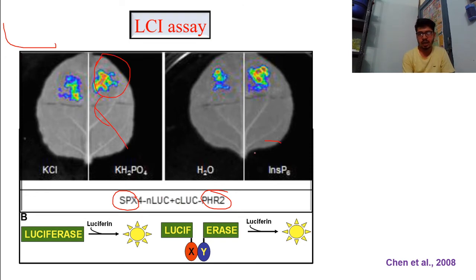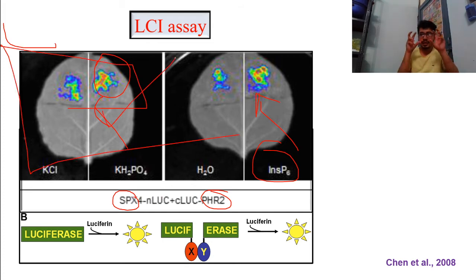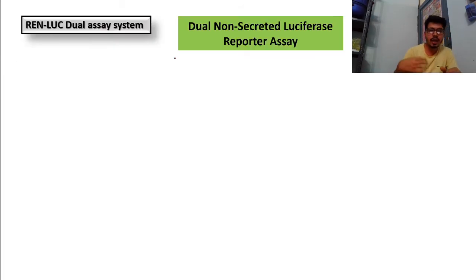I am not going to discuss that paper in detail. I just want to tell you that this pattern is due to the LCI system and the protein expression. So this is very important for in vivo study, when these two proteins are interacting with each other.